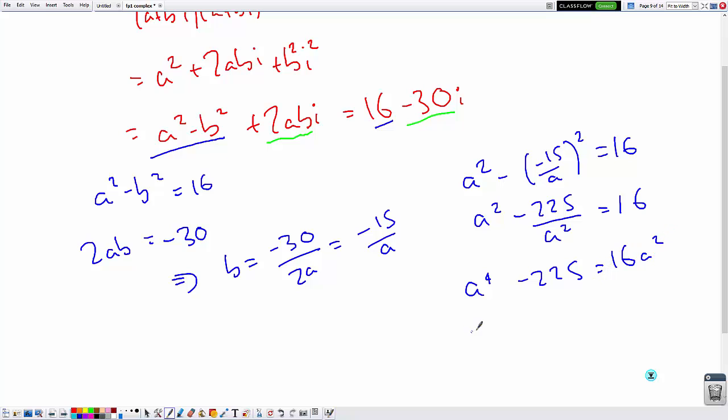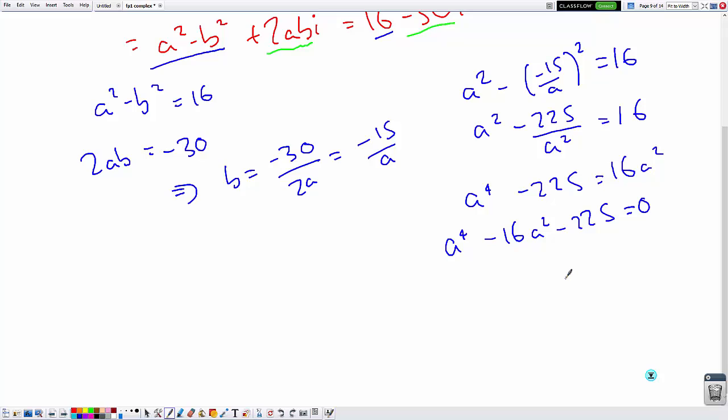Bring everything over to the same side, make it equal to 0, gives me a to the power 4 minus 16a squared minus 225 is equal to 0. Now this is a quadratic in a squared, even though it looks like a quartic equation.